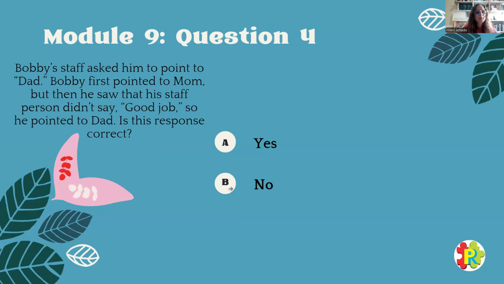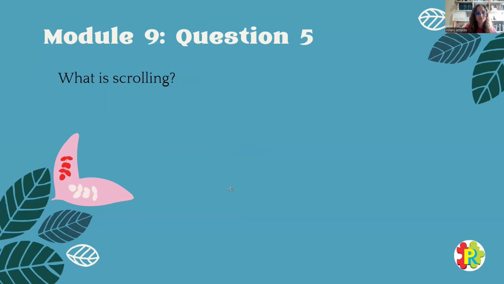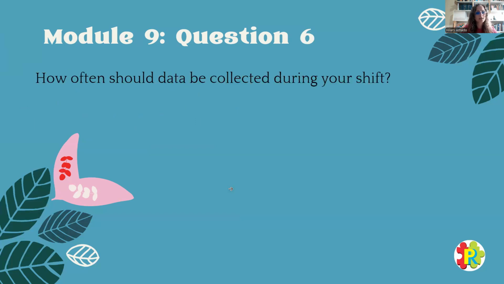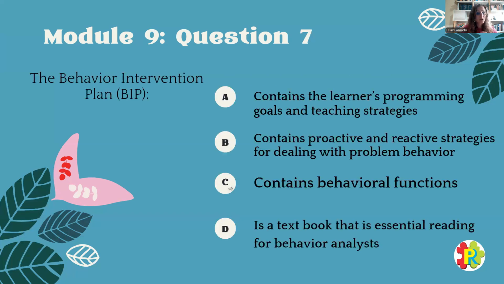Question 4. Bobby's staff asked him to point to Dad. Bobby first pointed to Mom, but then he saw that his staff person didn't say good job, so he pointed to Dad. Is this a correct response? What is scrolling? Question 5. Question 6. How often should data be collected during your shift? Question 7.